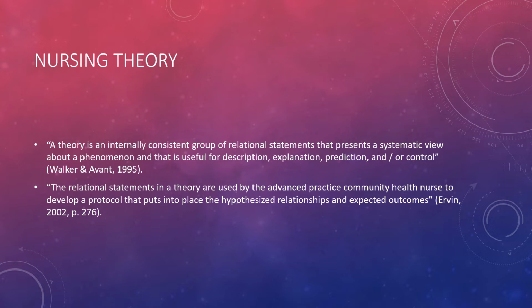The second quotation: the relational statements in a theory are used by the advanced practice community health nurse to develop a protocol that puts into place the hypothesized relationships and expected outcomes. So this is to say that you use a theory to develop a way of approaching the solving of a problem into a stepwise way of working through that problem.